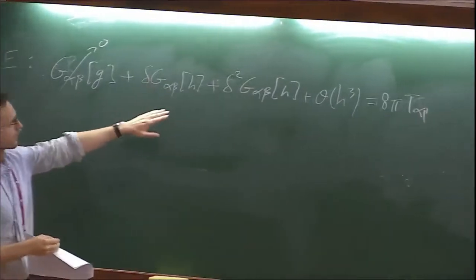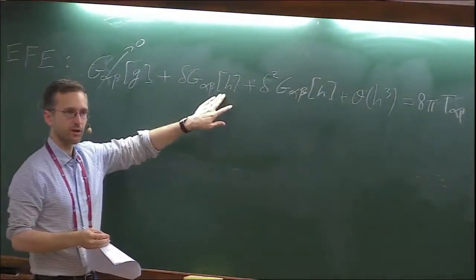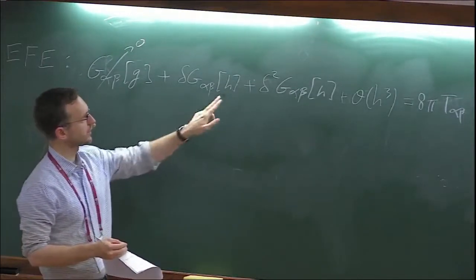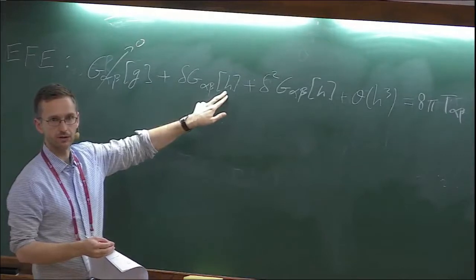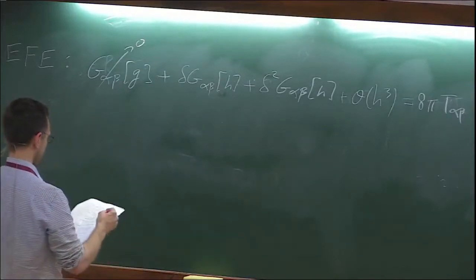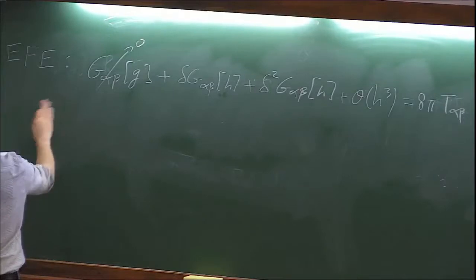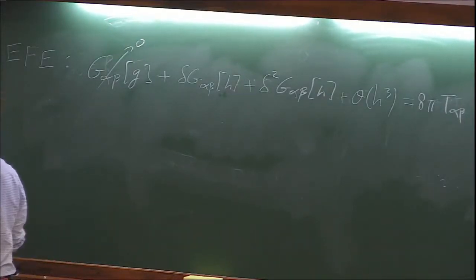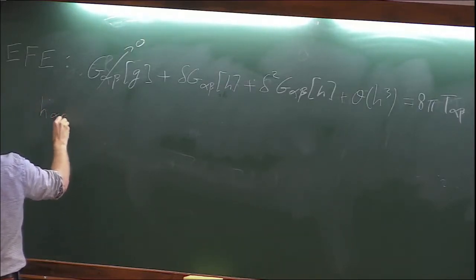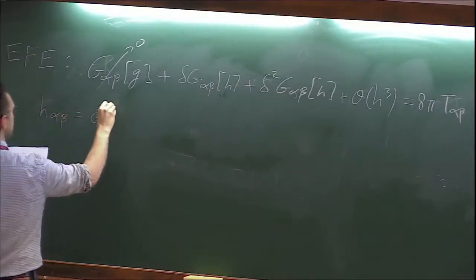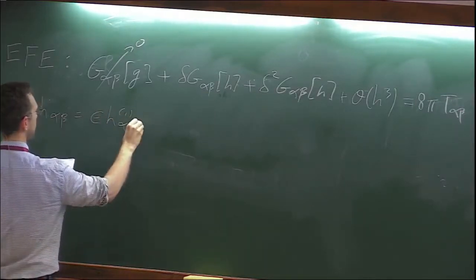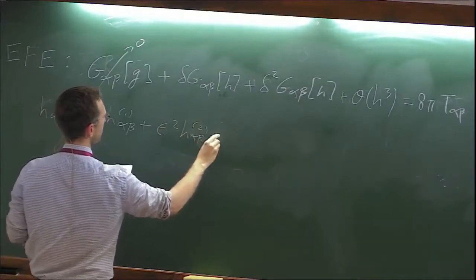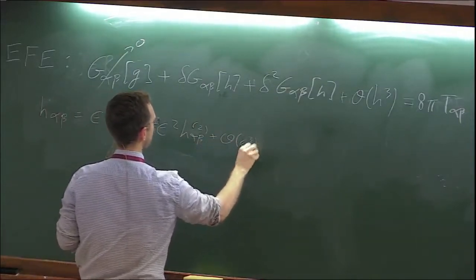So far we've been working with the exact h. We haven't actually input our expansion in powers of epsilon. We're just writing the metric as g plus some function h. So now let's put in our Taylor series. So this h alpha beta was epsilon h1 alpha beta plus epsilon squared h2 alpha beta plus order epsilon cubed.